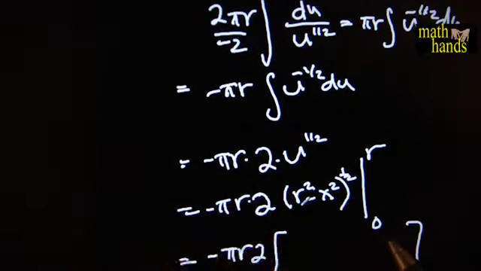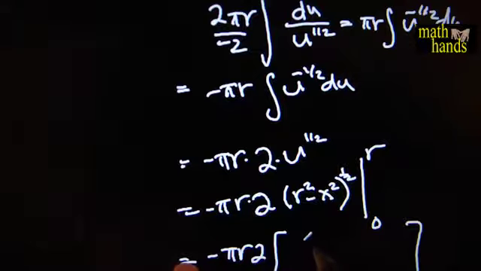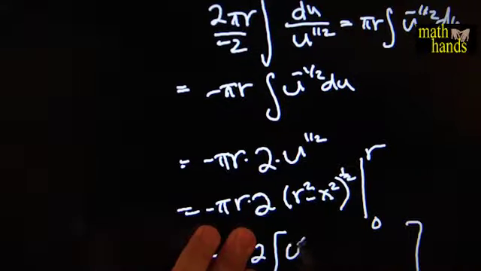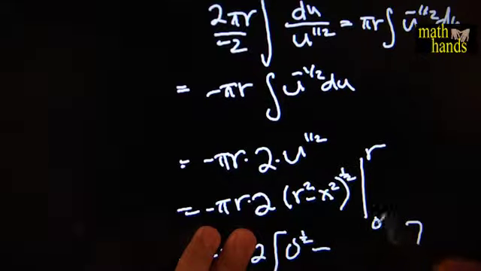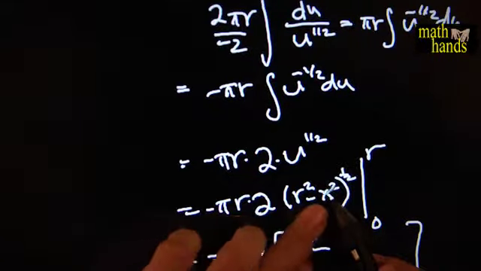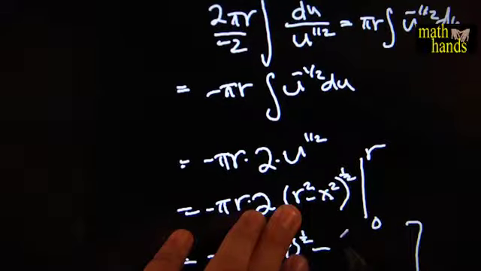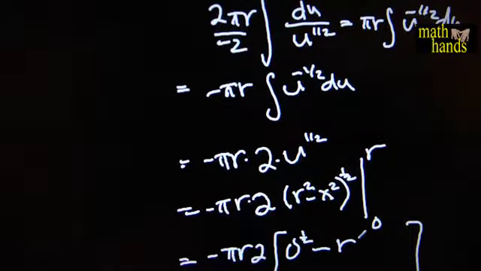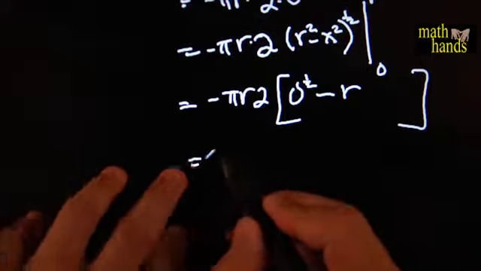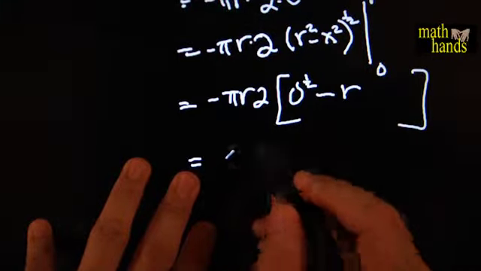Alright. So I plug in r, that gives me 0, because r squared minus r squared would be 0, actually 0 to the 1/2. I plug in 0 here for x, and that would give me r squared minus 0 to the 1/2, that would just give me r. And that cleans up into a negative and a negative.